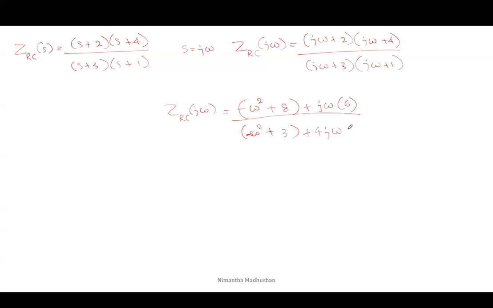The denominator is a complex number. To find the real part of this function, we have to multiply both the numerator and denominator by the complex conjugate of the denominator.